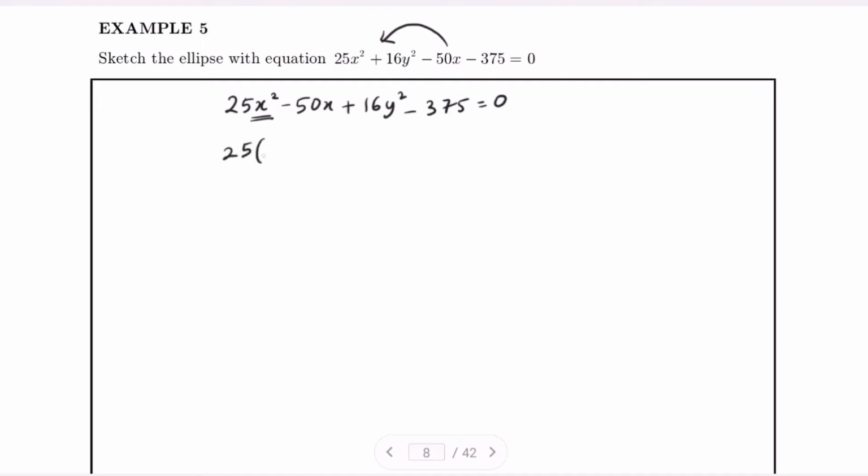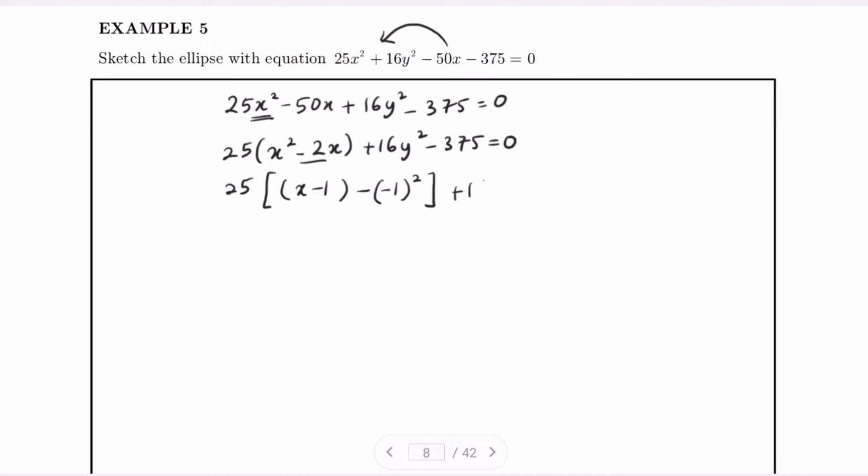So you're going to factorize 25, and the others remain the same. Okay, so we can start our completing the square. In the bracket, it's going to be half of -2, which is -1, and then minus (-1) squared, plus 16y squared minus 375 equals 0. Sorry, I forgot to put the square over here.